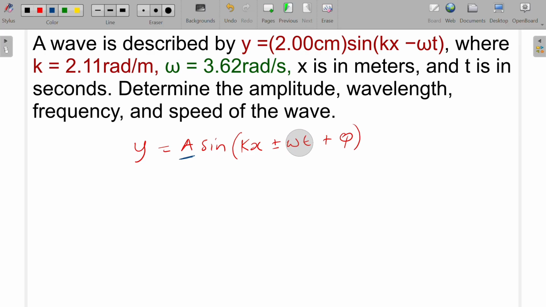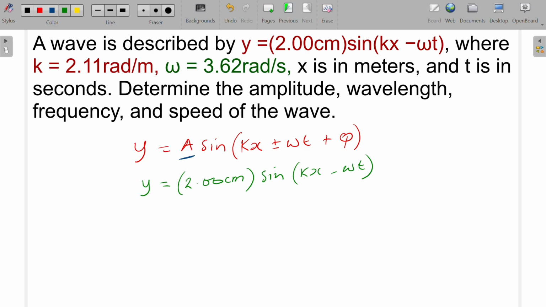So the function we are given is y is equal to 2.00 centimeters, then sine, kx minus omega t. This is the function we are given.